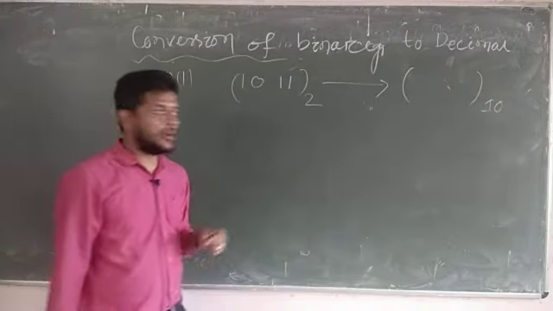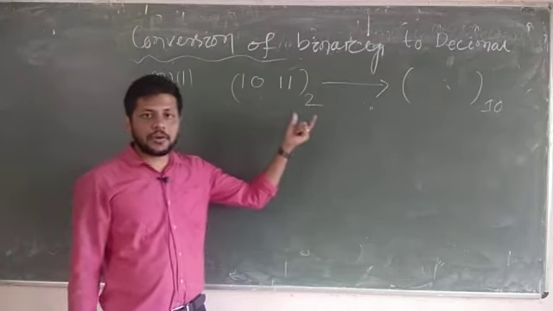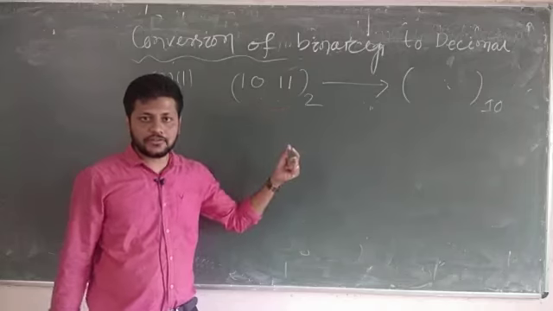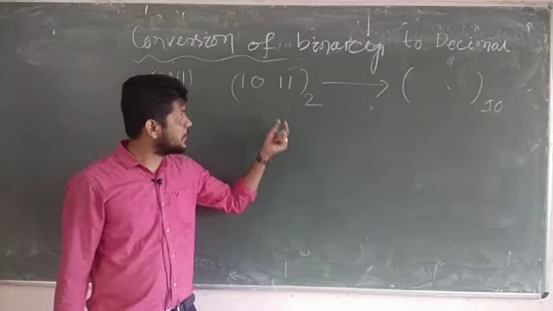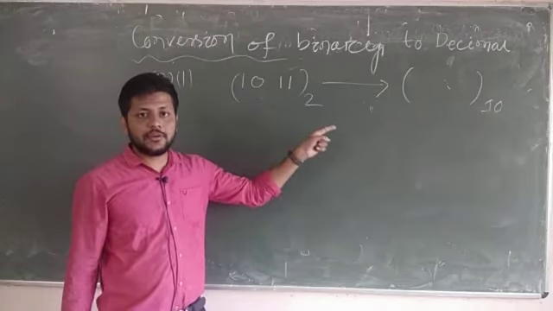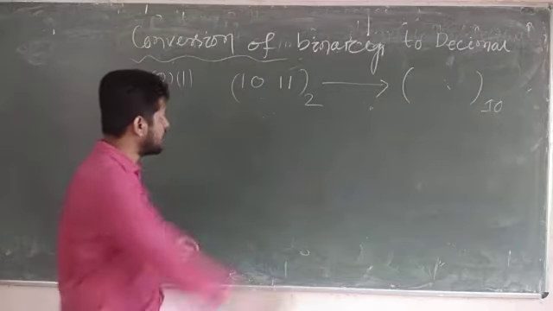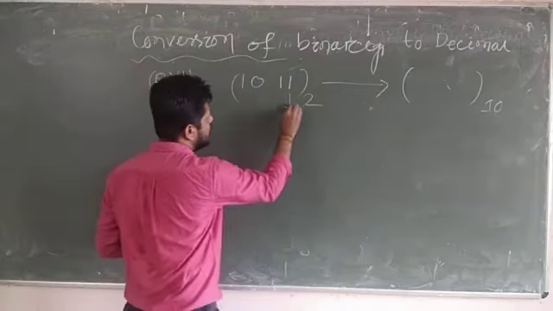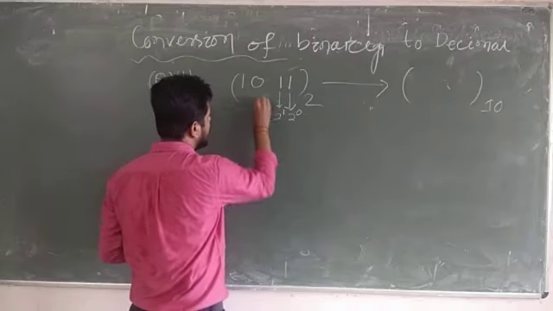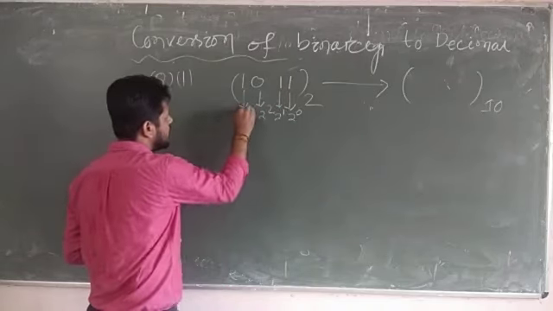Whenever you want to convert a binary to decimal, just write the number with its weight. That means you have to write the number multiplied with the positional weight. So you know the weight of this position is 2 to the power 0, this position is 2 to the power 1, this position is 2 to the power 2, and this position is 2 to the power 3.